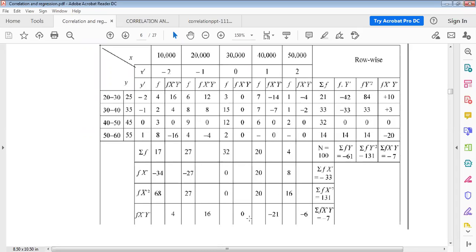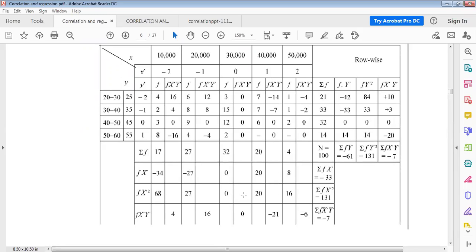So summation f x square: x dash whole square means minus 2 whole square into 17, that is 4 into 17, 68. Minus 1 whole square into 27, that means 27. 0 whole square into 0 is 0.